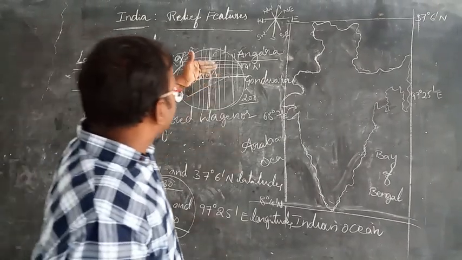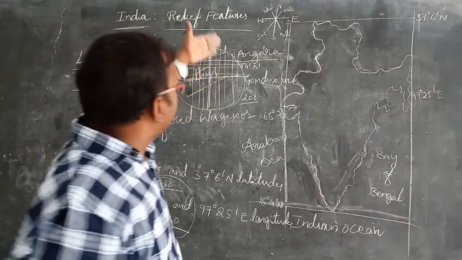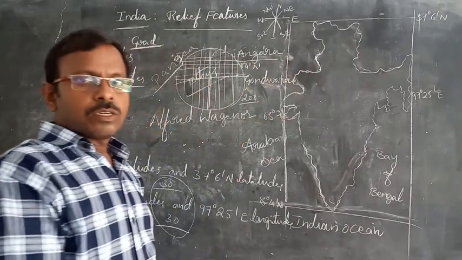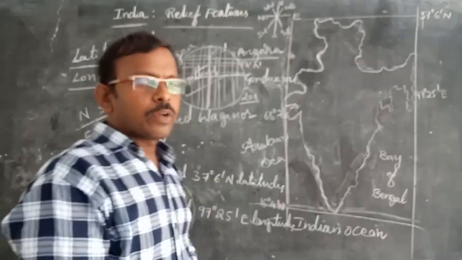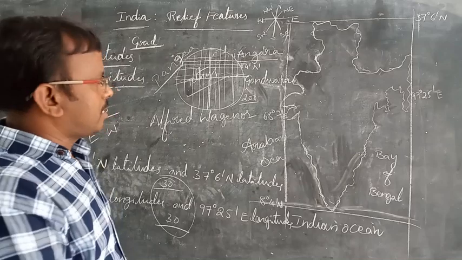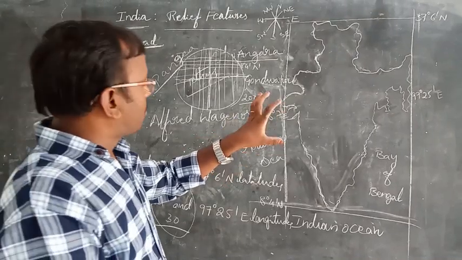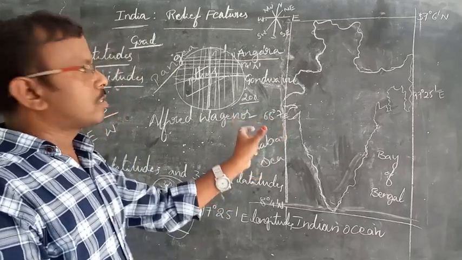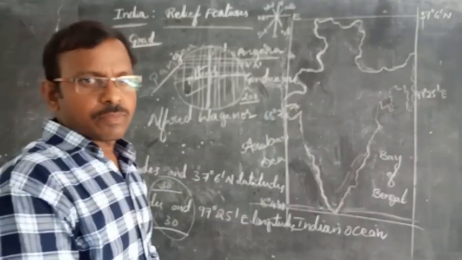India is located in the tropical, equatorial zone and temperate zone. That's why climatic differences and seasonal differences are there, and India has many different features because of its location.